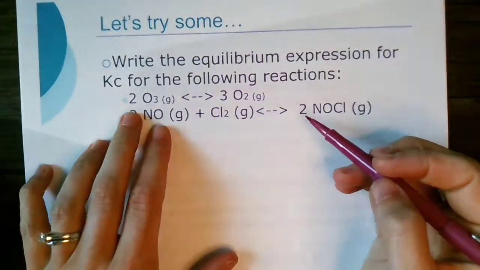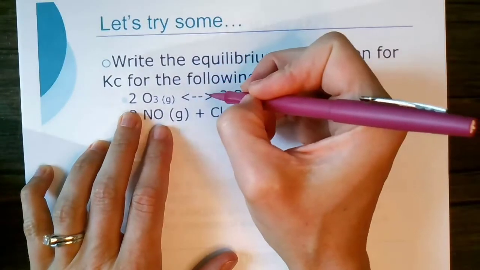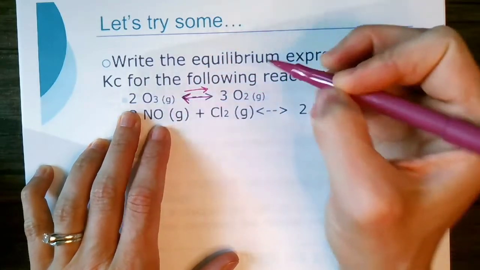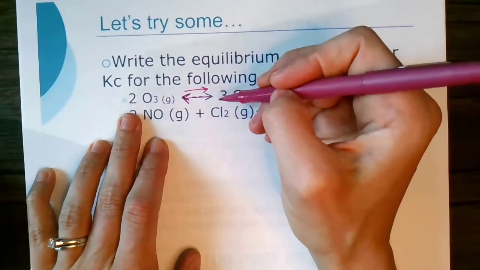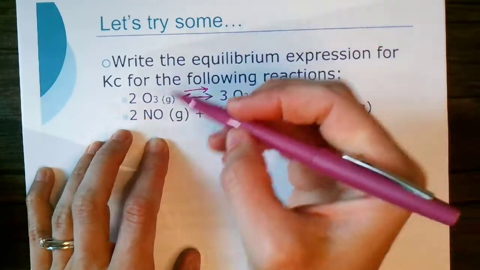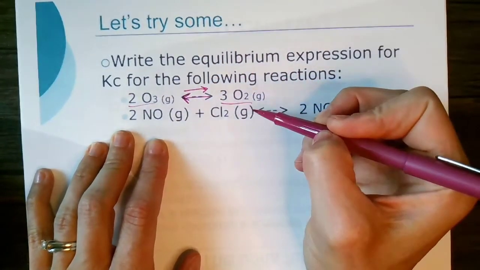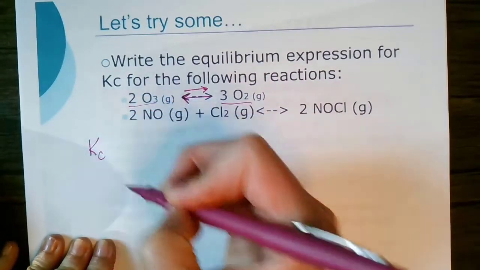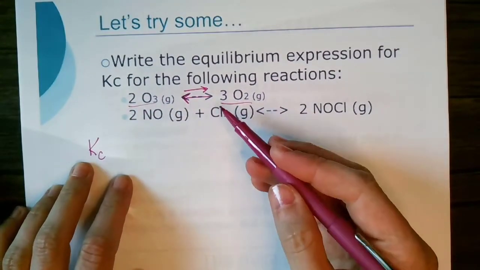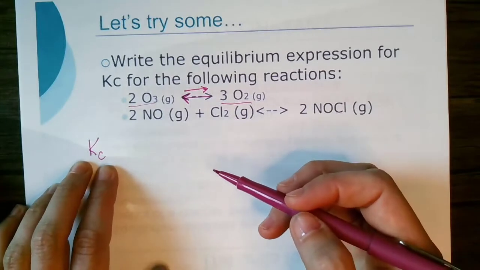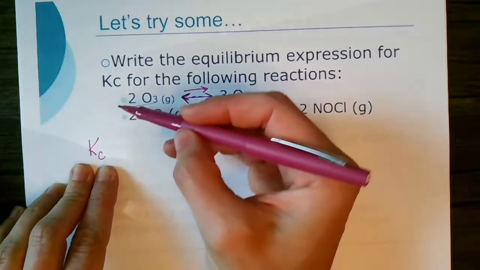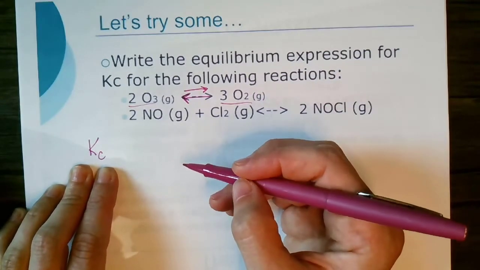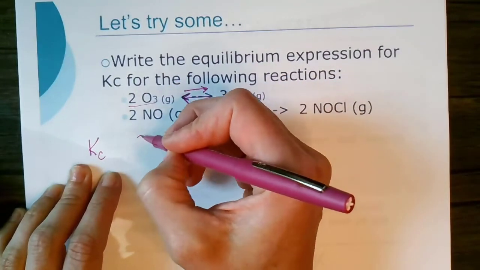So let's say that I have this reaction. Again, this would be one where I would need to write my dynamic equilibrium arrows correctly. So here's my reactants, here are my products. To write my Kc, my equilibrium expression for the concentration, we're going to just rewrite.